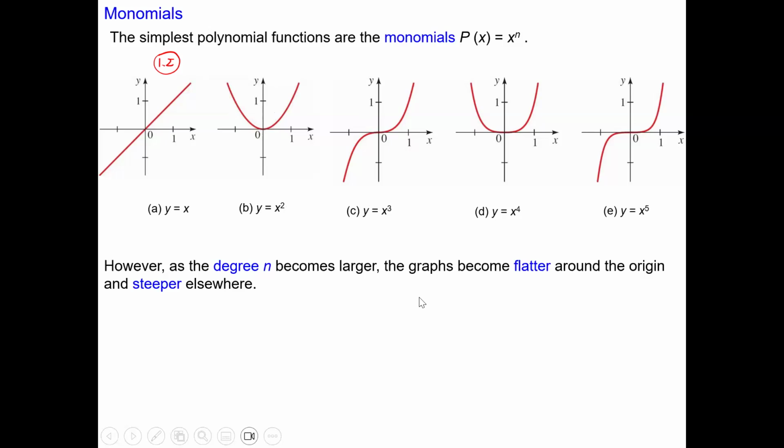Okay, what is also important? One of the important things is end behavior. How these monomials, or later polynomials, behave: how y behaves as x approaches positive infinity or negative infinity. Okay?